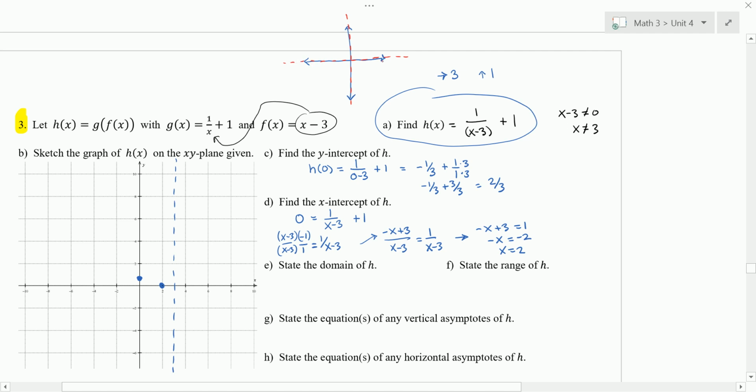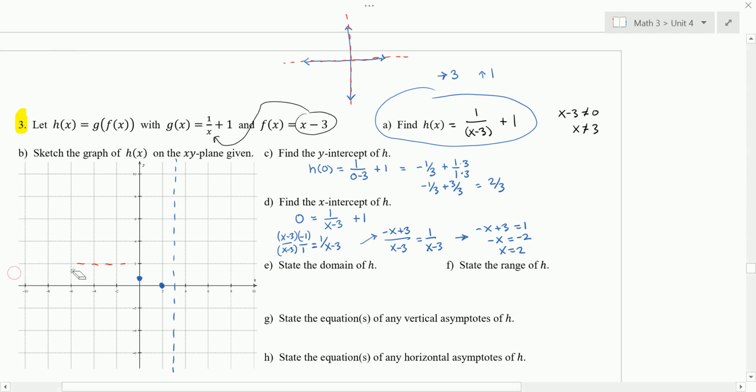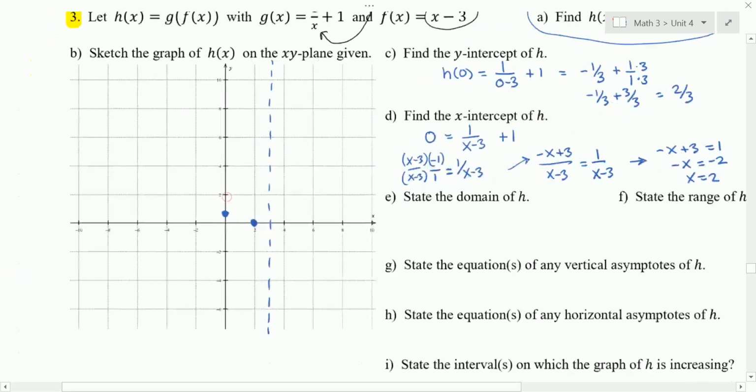If you move that to the right 3, your vertical asymptote appears at 3, which we have. But if you move that up 1, then our horizontal asymptote is going to be at height 1. Oops, I'm putting it at 2, but it should be at height 1. So I'm going to put that in.